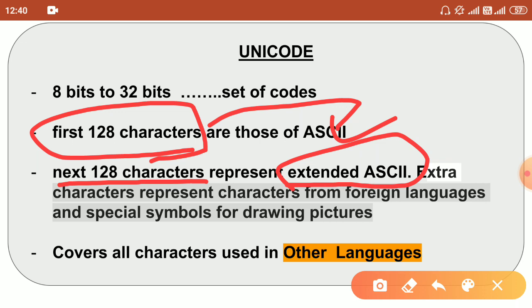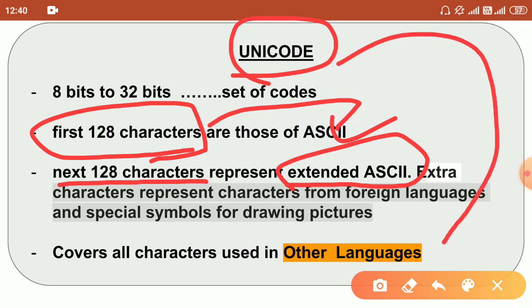So ASCII covered all the characters of the English language, but Unicode covers all the characters of all the languages around the world, and it can still cover more, because 32 bits is a very big number.